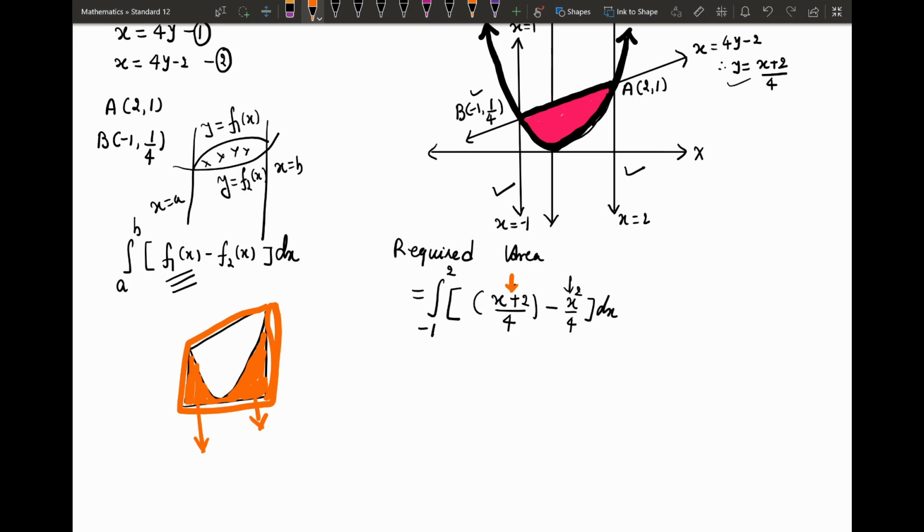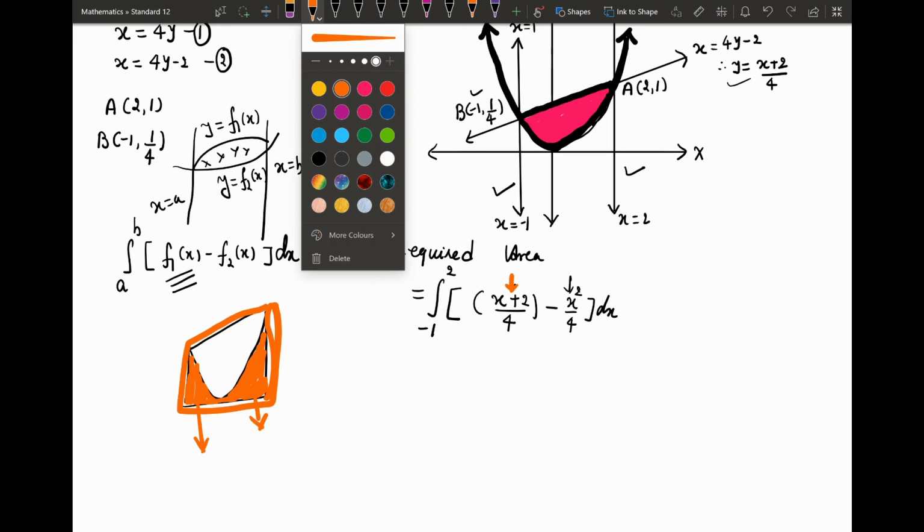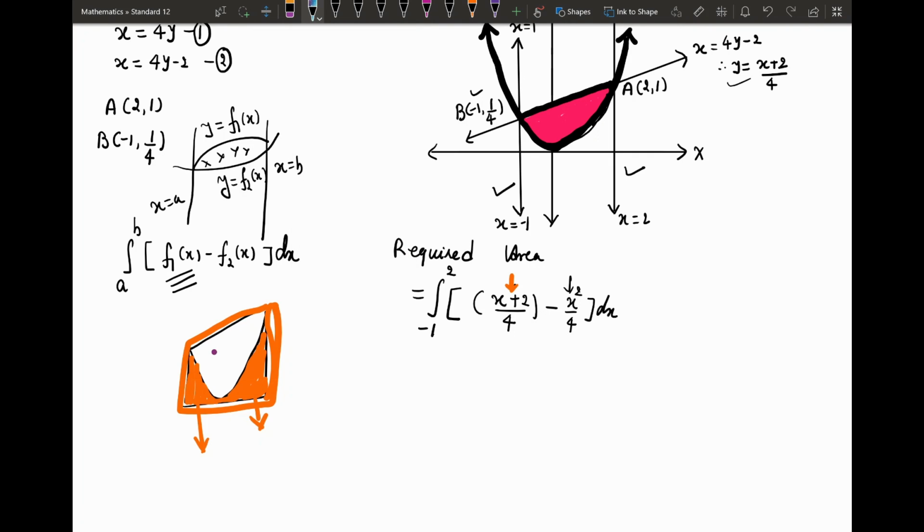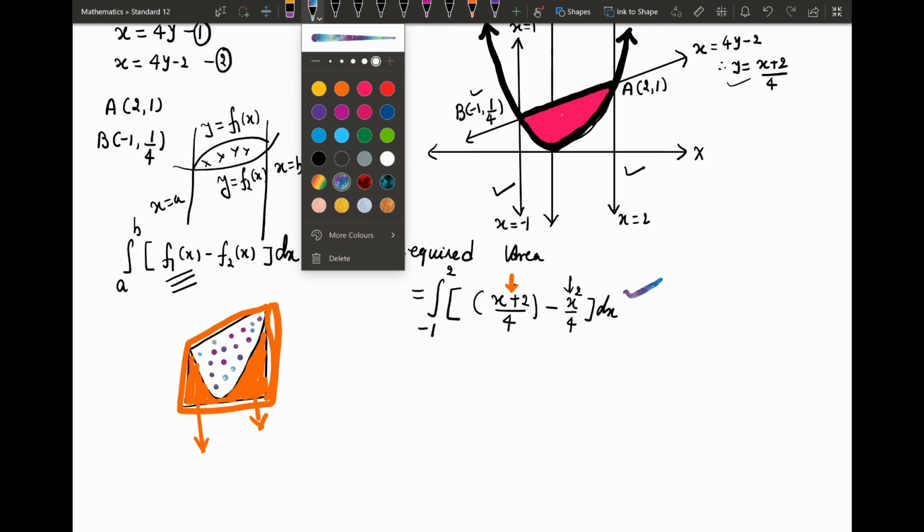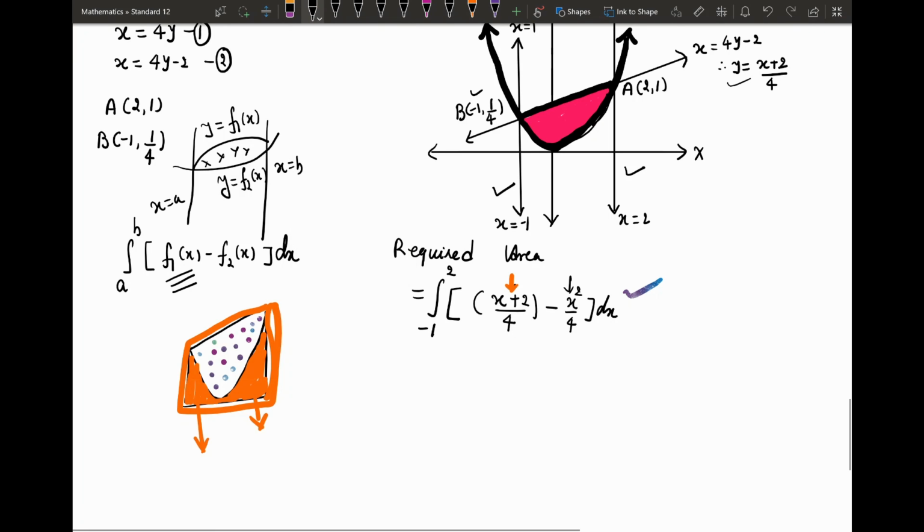So the remaining portion, which is the intersection of the two curves, the area of this portion you can obtain using this definite integral, (x plus 2) by 4, limits a to b, -1 to 2.